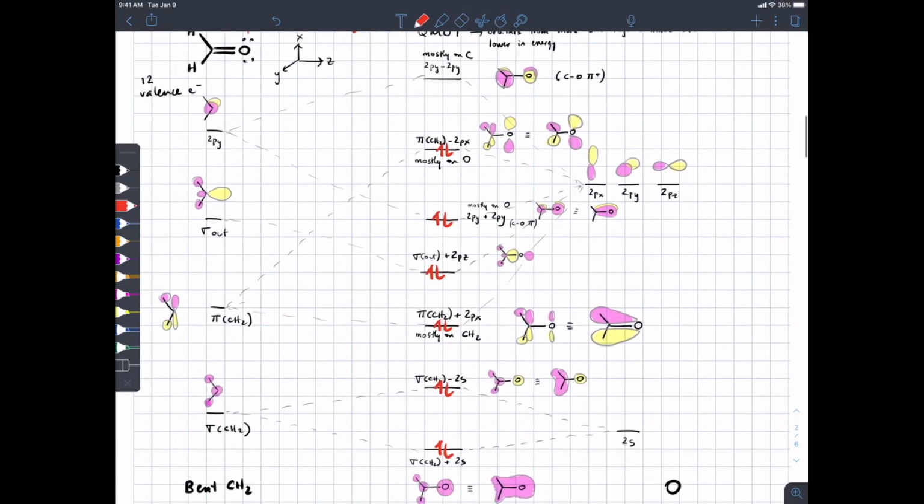So let's look at what that tells us about the most reactive electrons in the molecule, and also about the lowest energy empty orbital. So the pi CH2 minus 2px combination is the HOMO, and the LUMO, the lowest unoccupied orbital, is the 2py minus 2py combination, or the pi star.